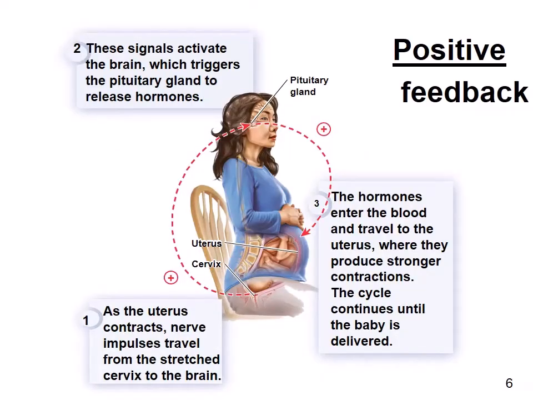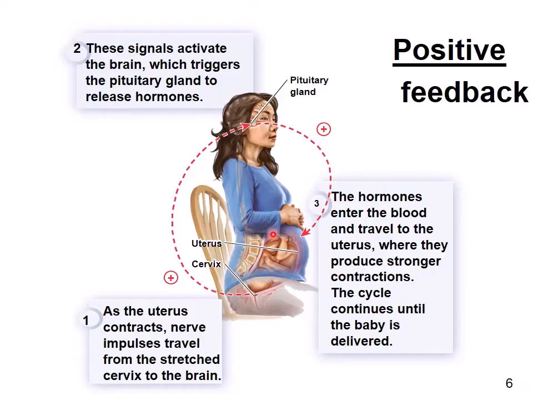An example of positive feedback: this is really pretty simplified, because obviously delivering a baby has more to it than this, but if we look at the simplified picture just to understand positive feedback, we start here at number 1.